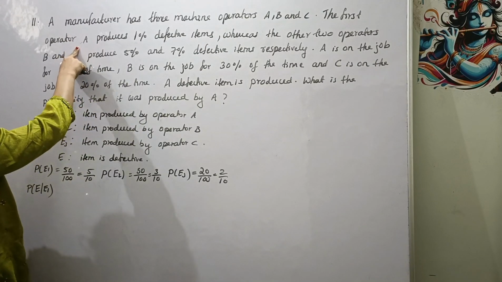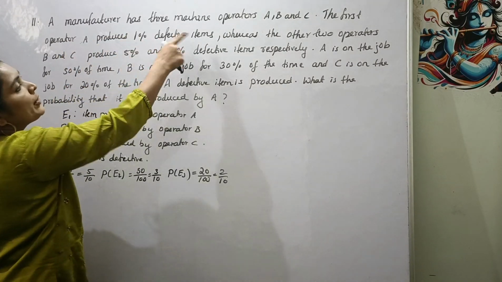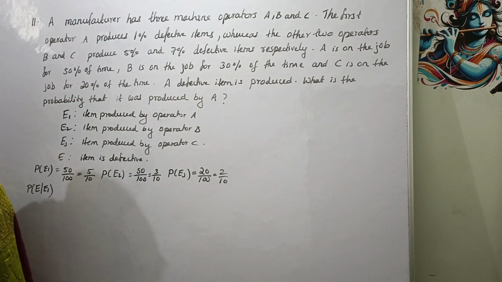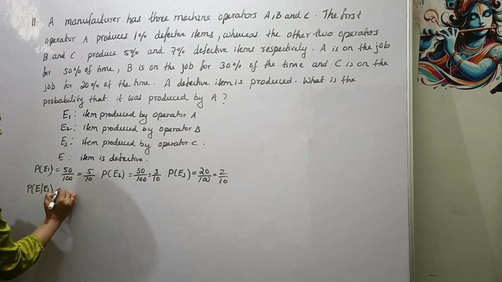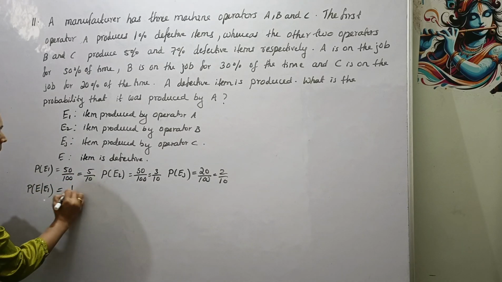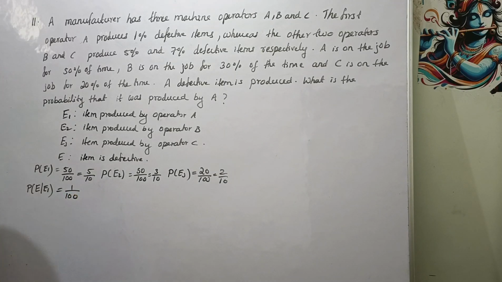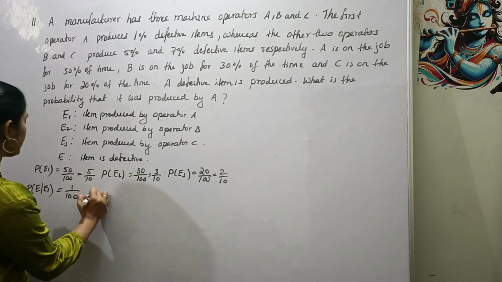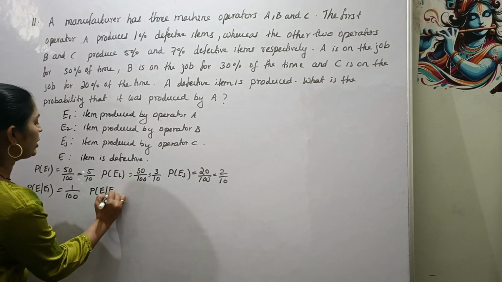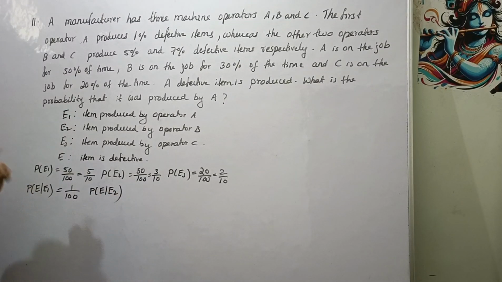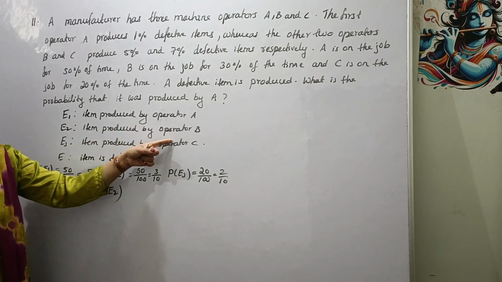The first operator A produces 1% defective items. So that is probability of E given E1 is 1 by 100. Right? Next, probability of E given E2, that is probability of defective items produced by operator B.